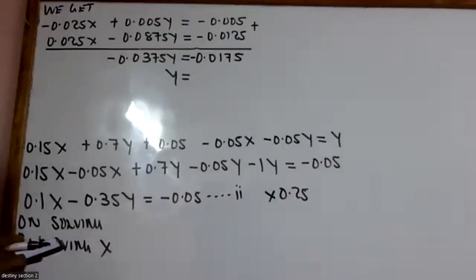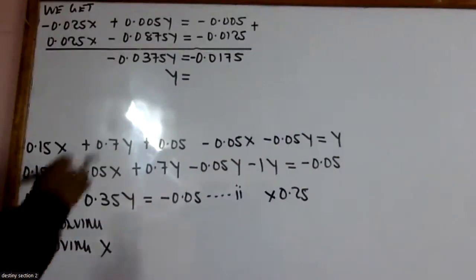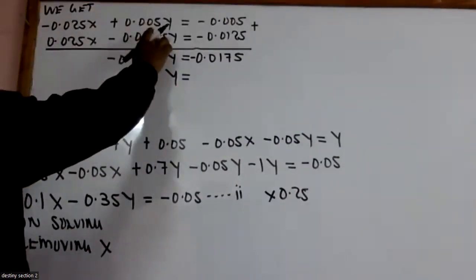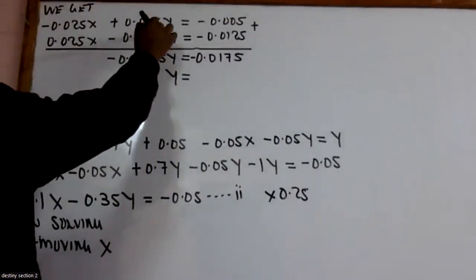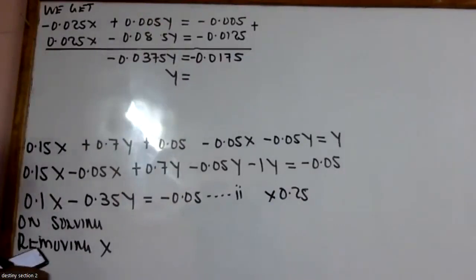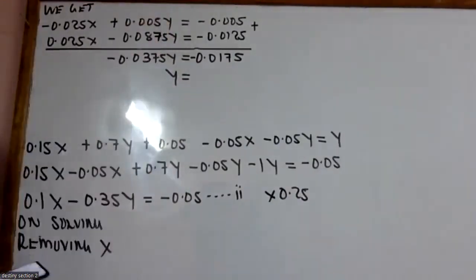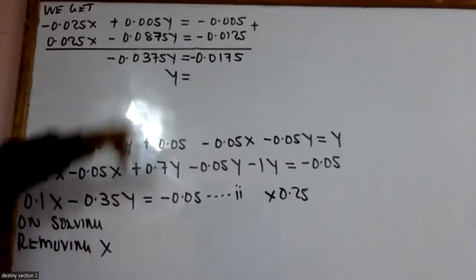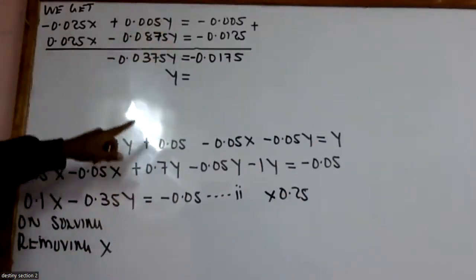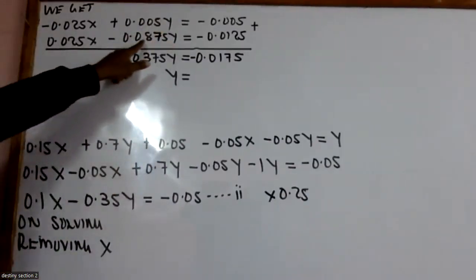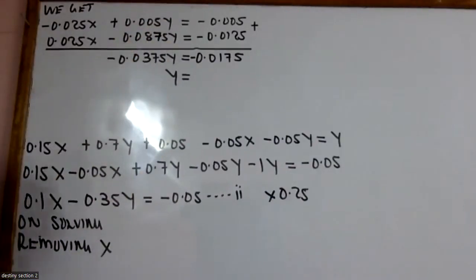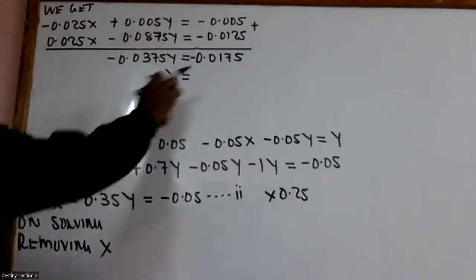It should be negative 0.0825. Yes, that is right. Now we subtract this 5. I confused the decimals; I saw this 5 and 8 as if they are in the same place.